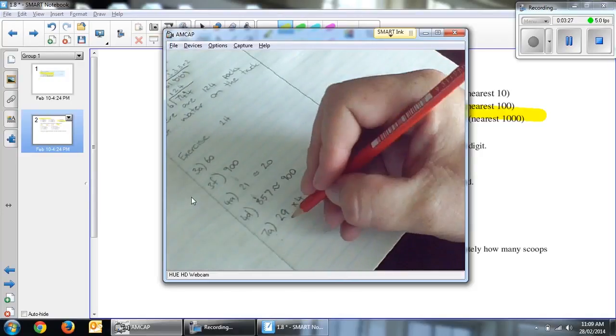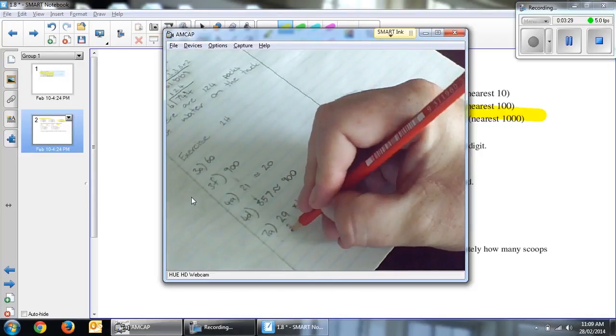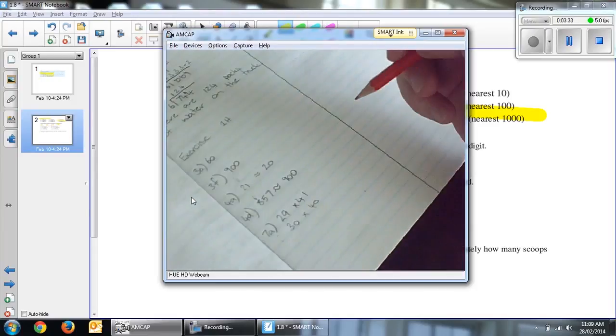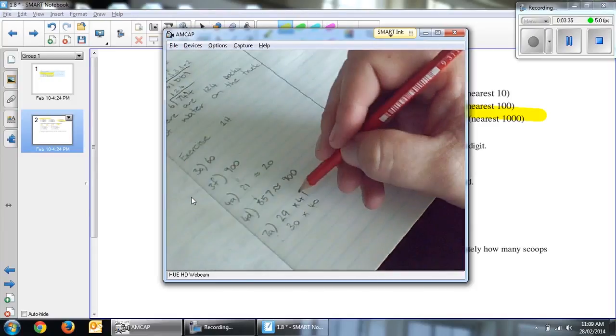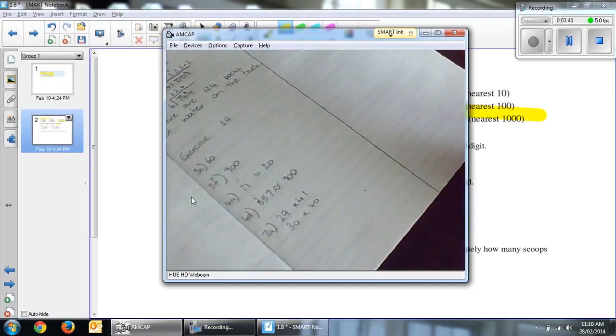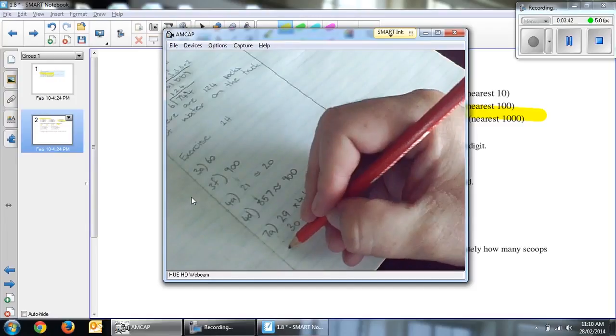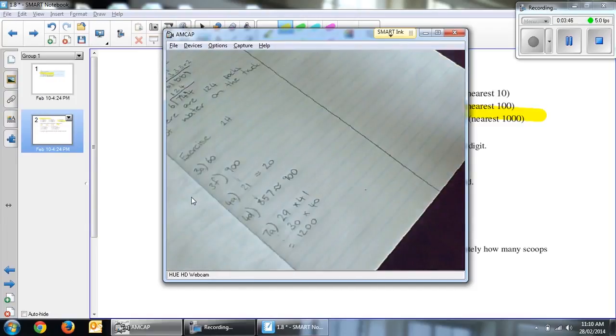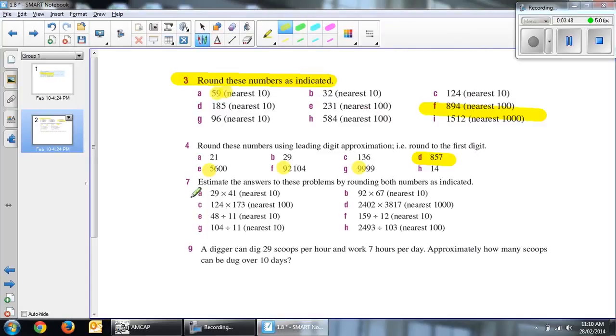So that means that our next line would look like this: 30 times 40, because the nearest 10 to 29 is 30, and the nearest 10 to 41 is 40. 3 times 4 is 12, and then we add our 2 zeros in, which gives us 1200. So in all of question 7, you start off by rounding it, and then you do the question.